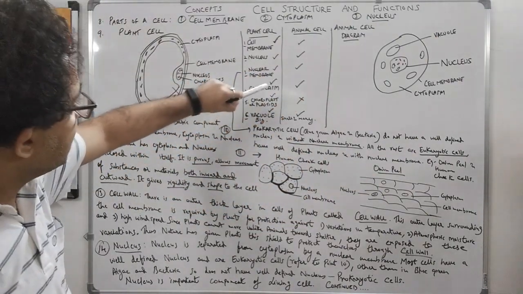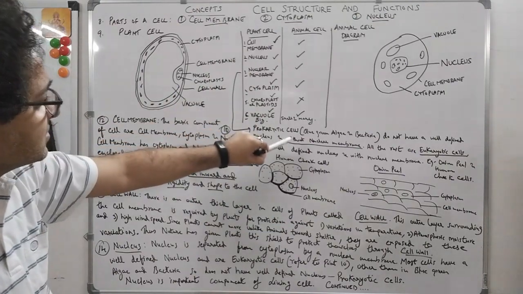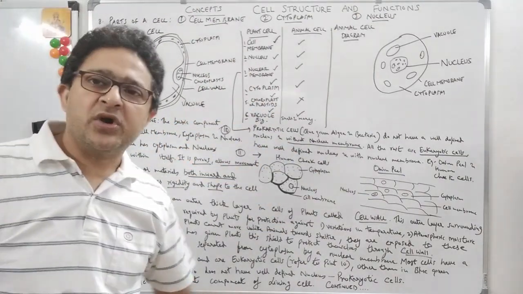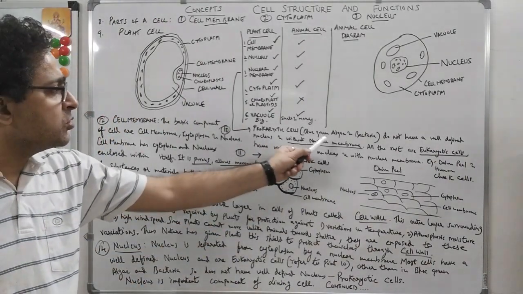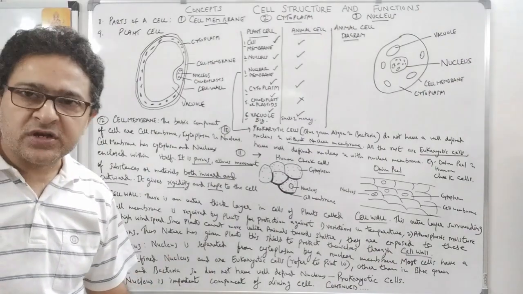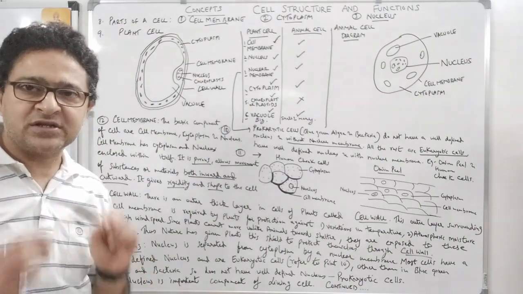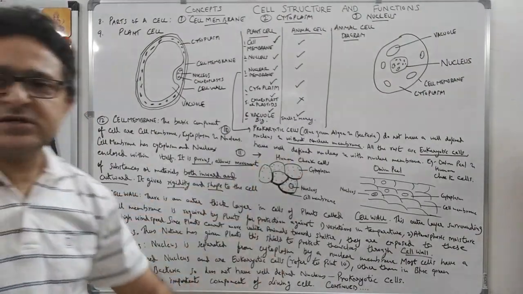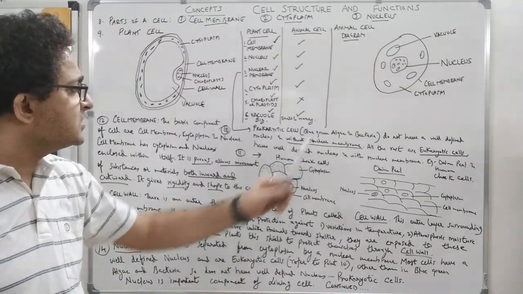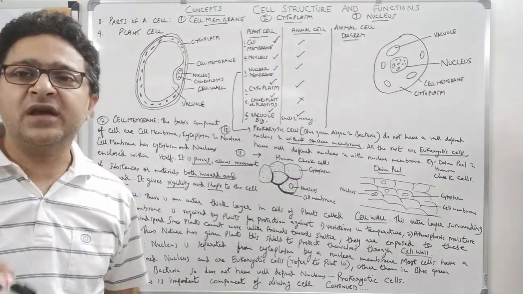But then I just have to explain this thing. Prokaryotic cells. There is an exception. There are some cells which are prokaryotic, like blue-green algae and bacteria. Though they have a nucleus, just like eukaryotic cells, both will have a nucleus. But prokaryotic cells will not have a well-defined nuclear membrane.